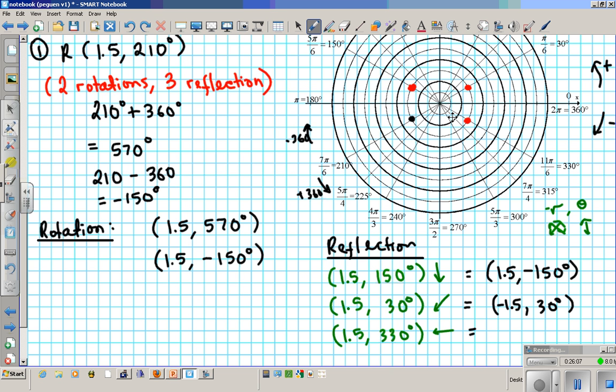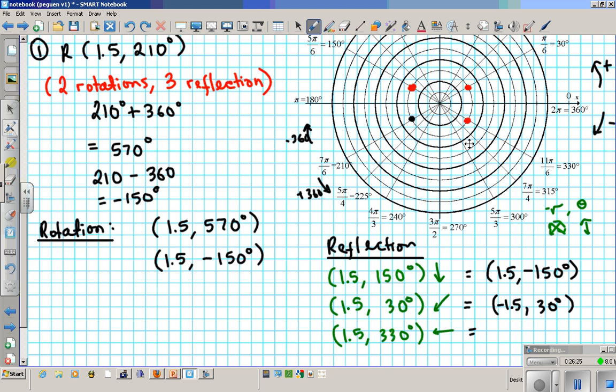All you simply do is a combination of an up and down reflection and a radial reflection. So if you go up, you negate the radius. You go across, you negate the angle. If you negate these two, that'll take you up and over or across and down.